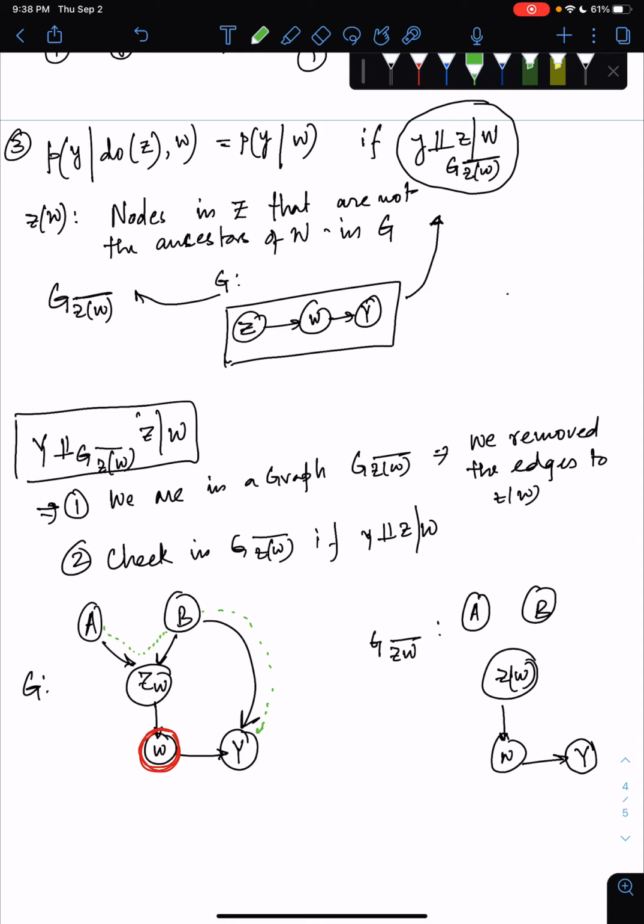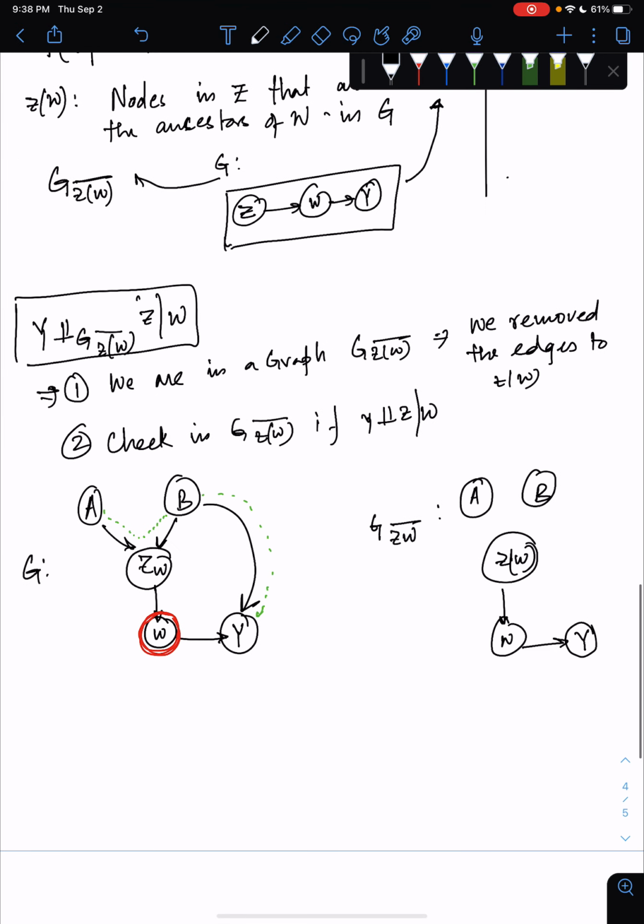So when I go from this to this path, oh gosh, so this is B, this is Y.